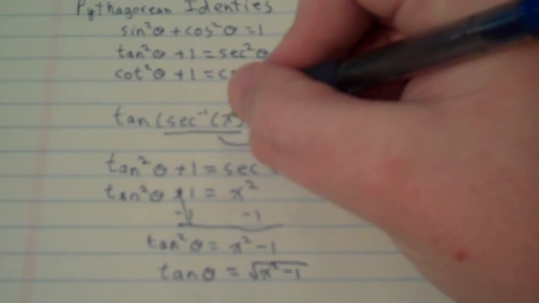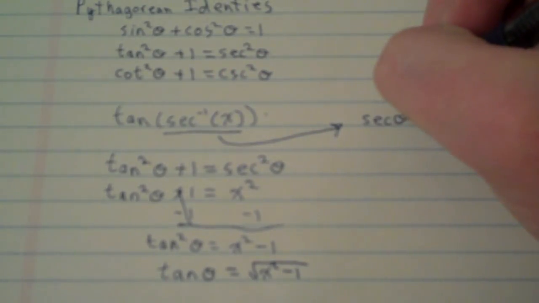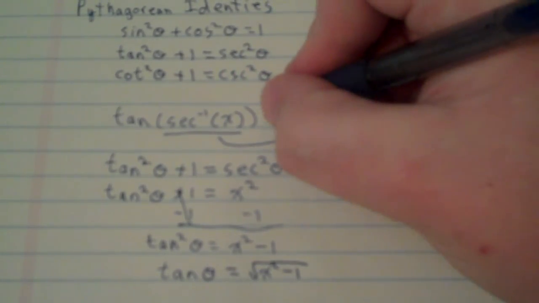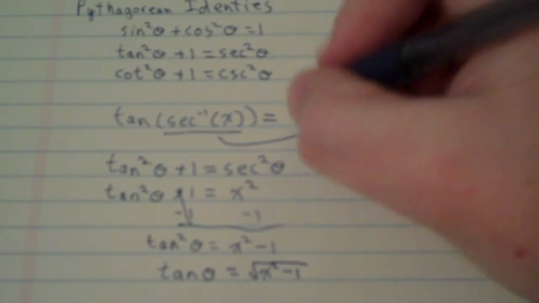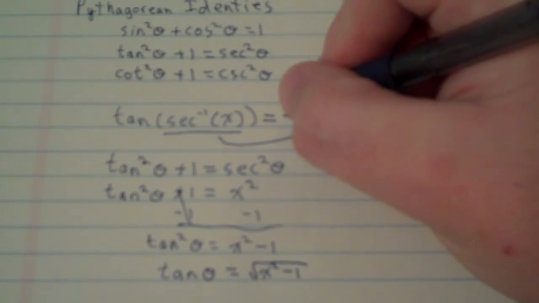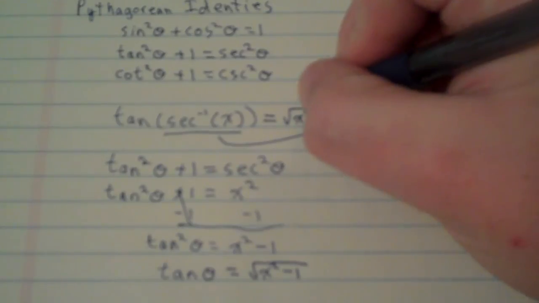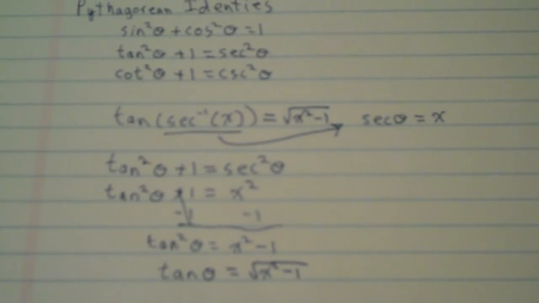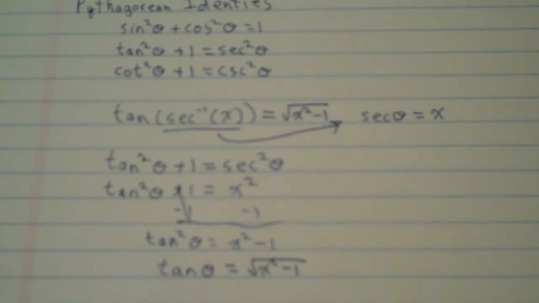Remember that secant inverse of x is just theta. So we now have that this equals the square root of x squared minus 1. A little bit clunkier than the last example that we looked at, but doable. Slightly more annoying. Not terrible though.